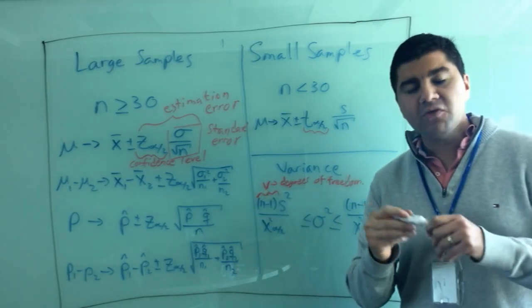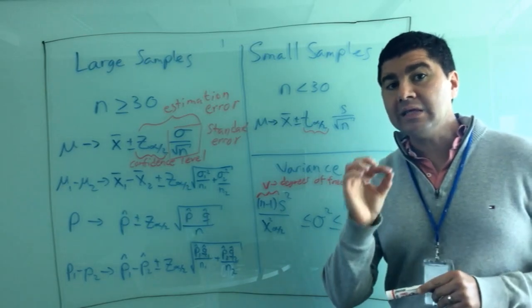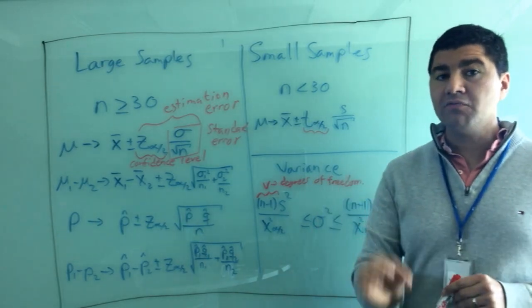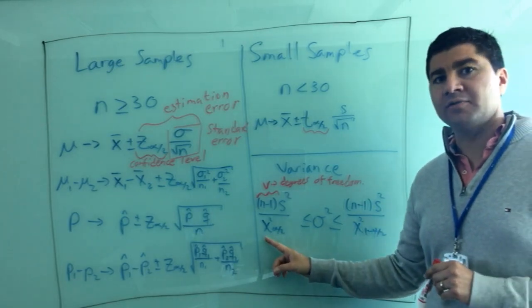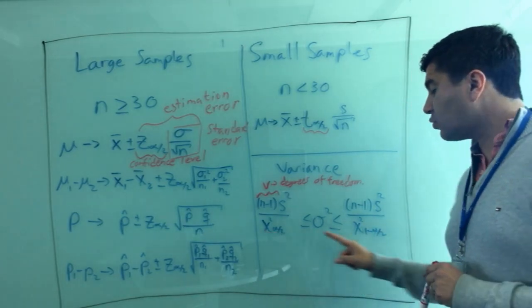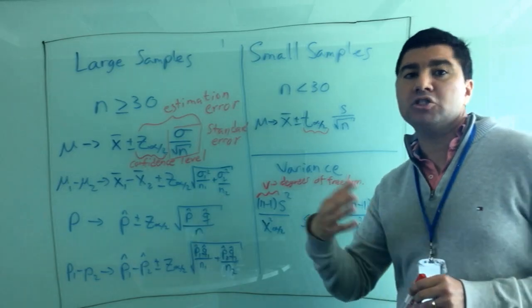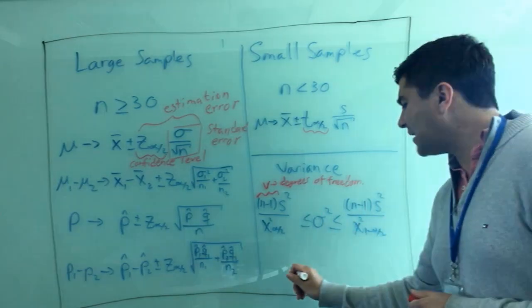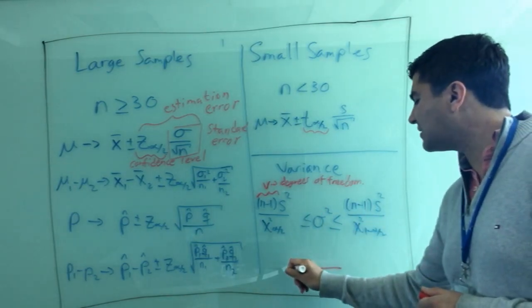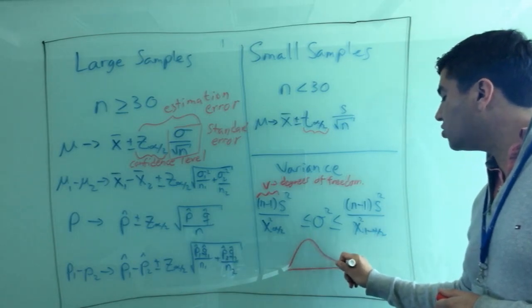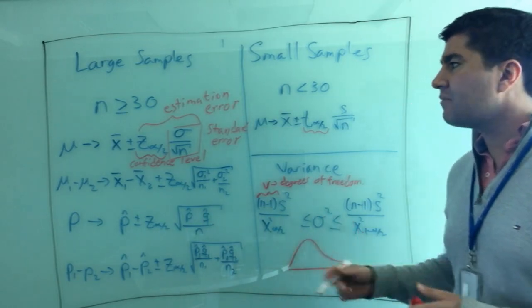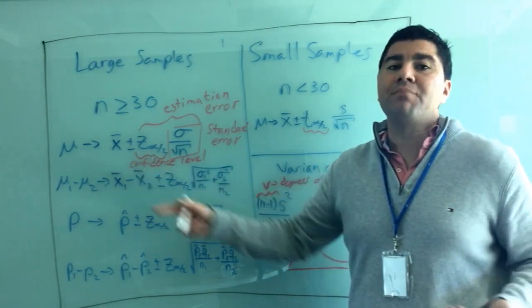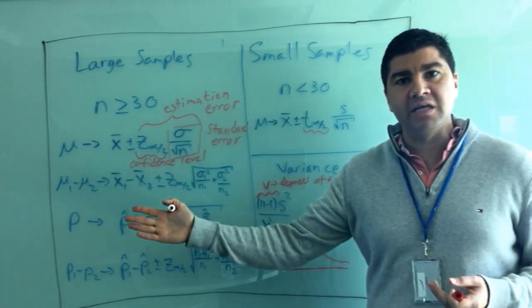V is nothing but the parameter of a particular distribution that we're using for this confidence interval, the chi-square distribution. The chi-square distribution is a positive distribution that has a behavior of something as this. Because of this behavior, we cannot have a positive and a negative part as in the previous confidence intervals.